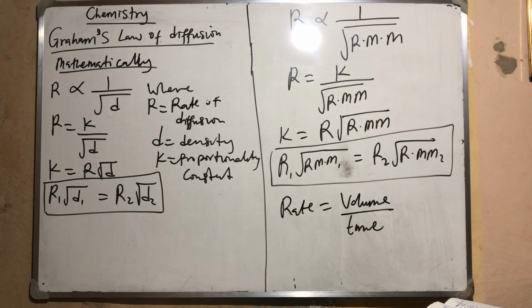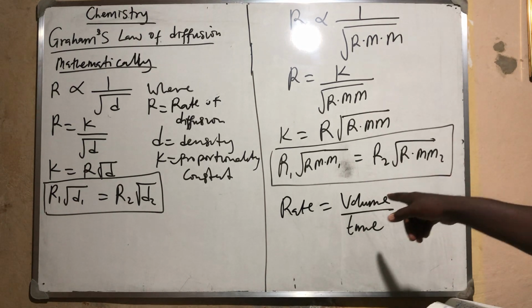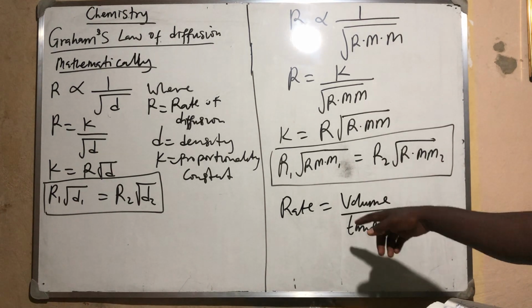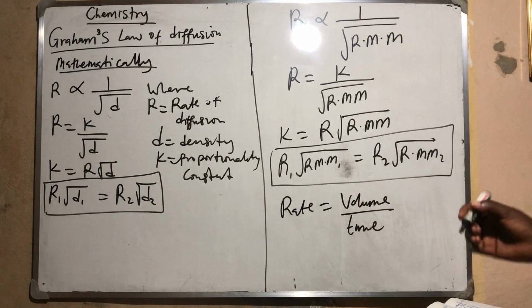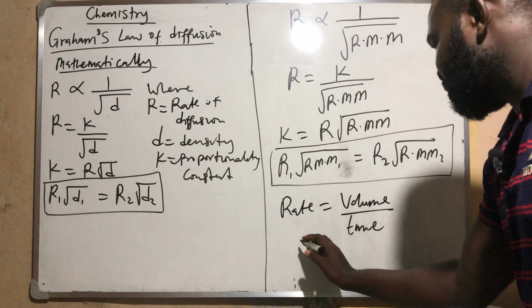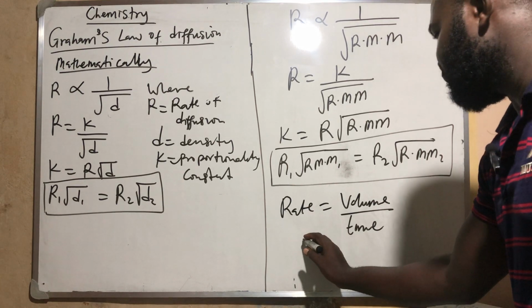If we have the rate equal to volume over time, it shows that rate is inversely proportional to time. That is what it is showing. The rate is inversely proportional to time. So we should have a very important formula.